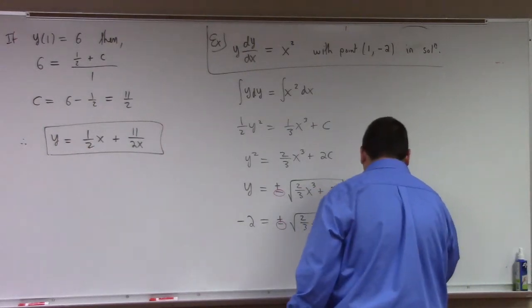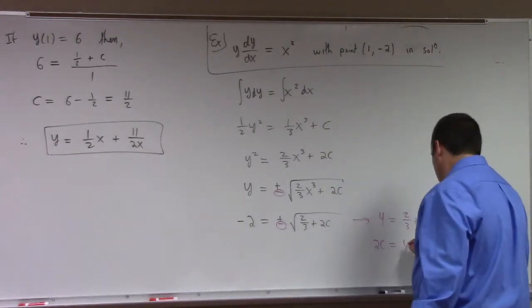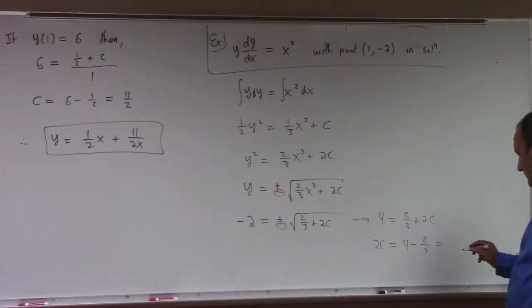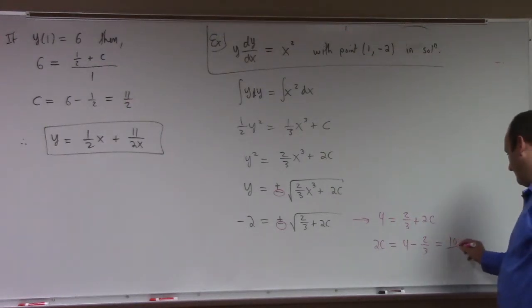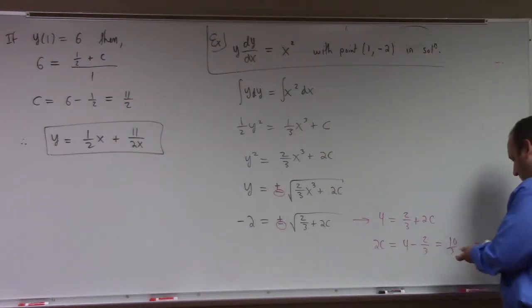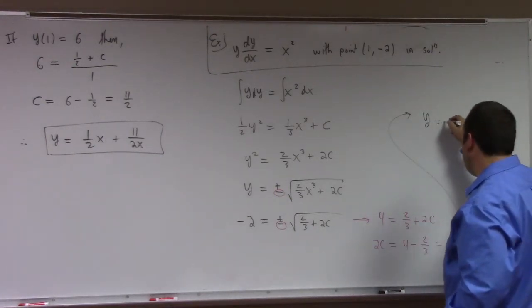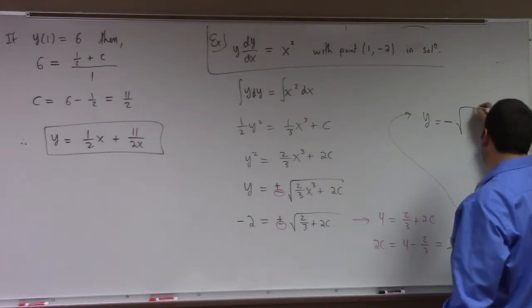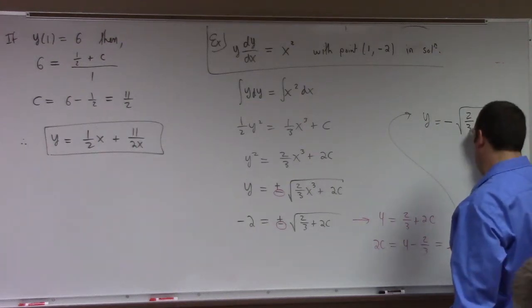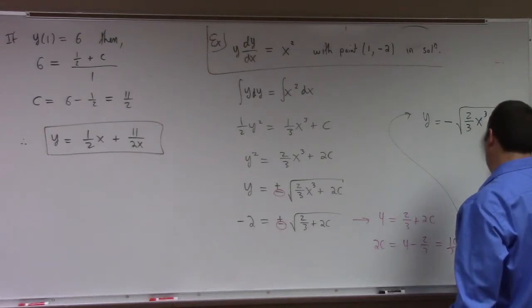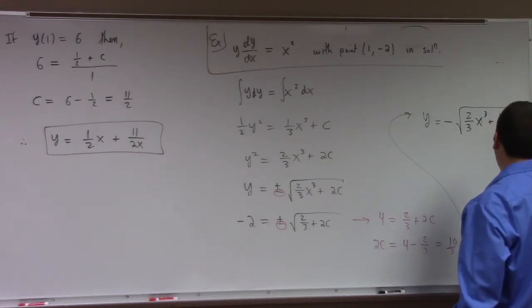So apparently 2c is equal to what? 4 minus 2/3, also known as 10/3. And so there you go. My explicit solution here is y is equal to minus, the minus is important, square root of 2/3 x cubed plus 10/3. And there you go.